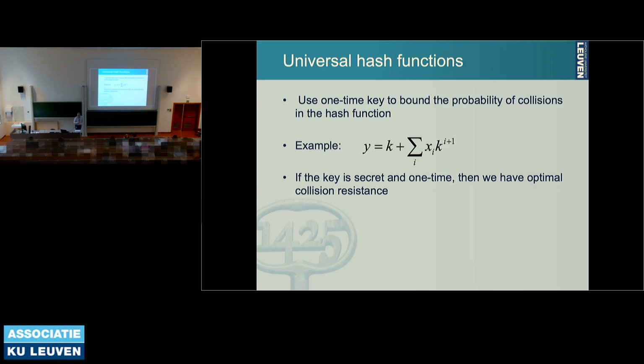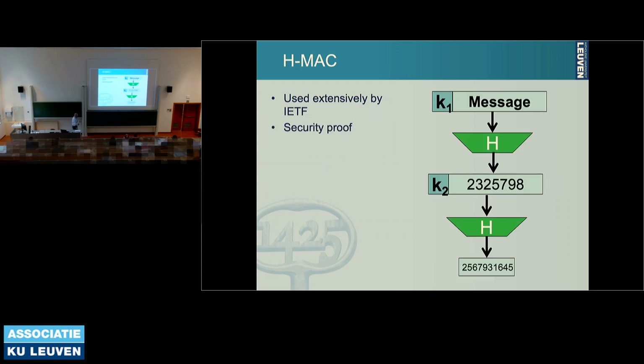The universal hash function idea is kind of observing that, in some sense, if we look here, this is quite wasteful because we use here a hash function where we put a lot of properties on its security. I would say it should be impossible to find pre-images, there should be no collisions, and the attacker knows everything there is to know about this hash function. It's completely public standard.